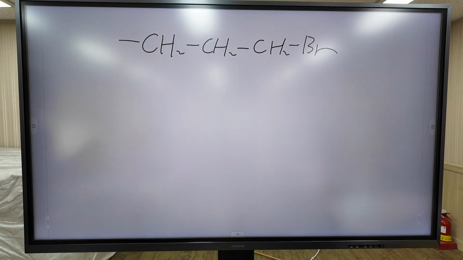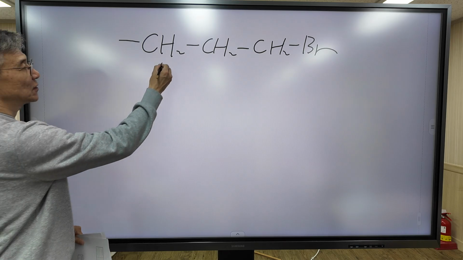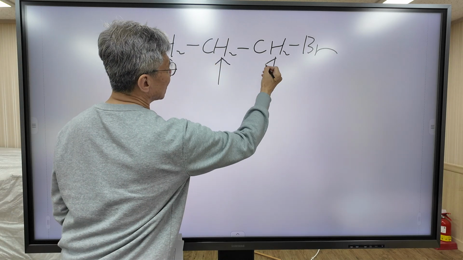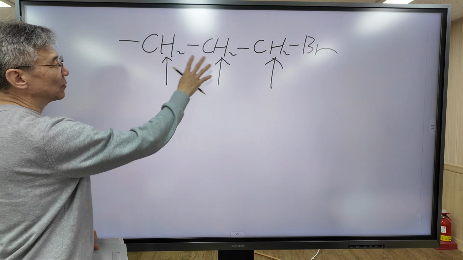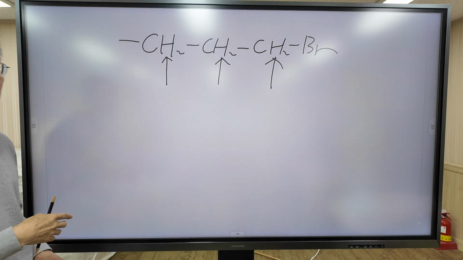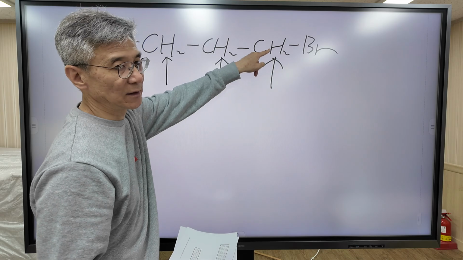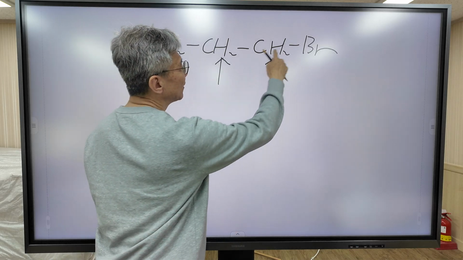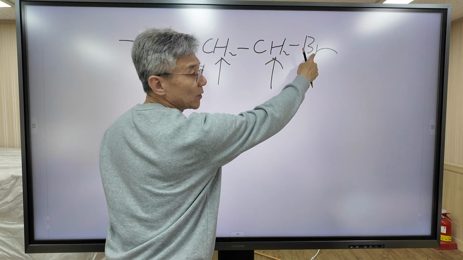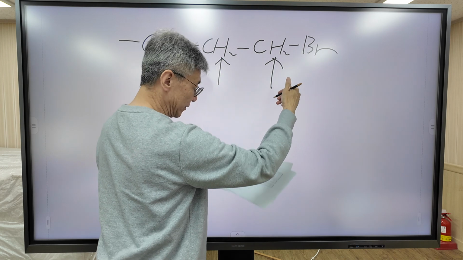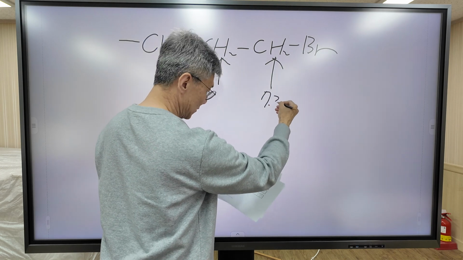You can observe 3 peaks. Proton signals here, here, here. All 3 protons are in different chemical environments. The chemical shift for this proton is highest because right next to it there is a bromine atom, which withdraws electron density from the proton. It is 10.6.